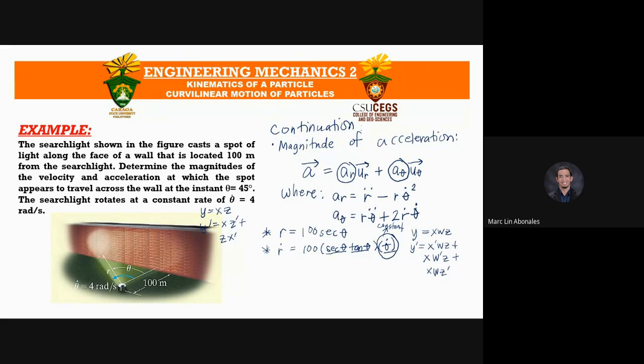So since constant man siya, meaning every time any angle pa na siya like 50, 60, 70, 80, 100, or etc., ang iyang angular velocity at any angle will have the same value of 4 radians per second. So it means that pwede na to i-substitute directly si 4.